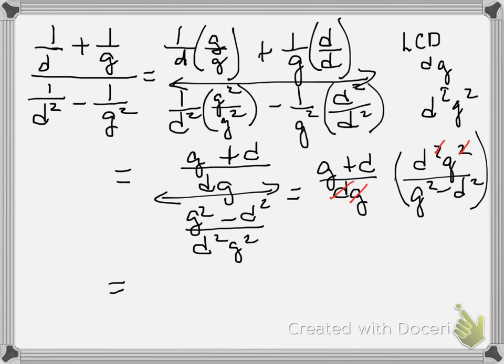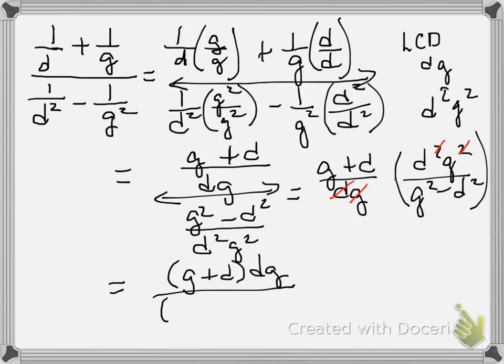All right, now we can also work with our factoring in the denominator. So in the numerator, I've got the factor of g plus d times dg, and in the denominator, I have g squared minus d squared.